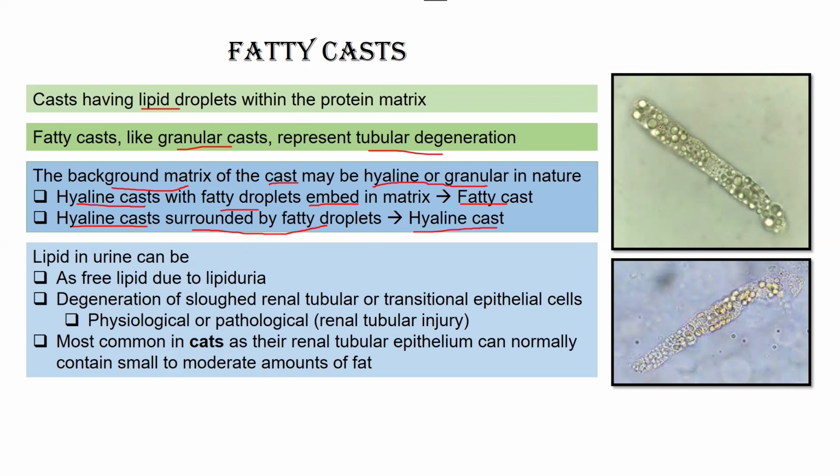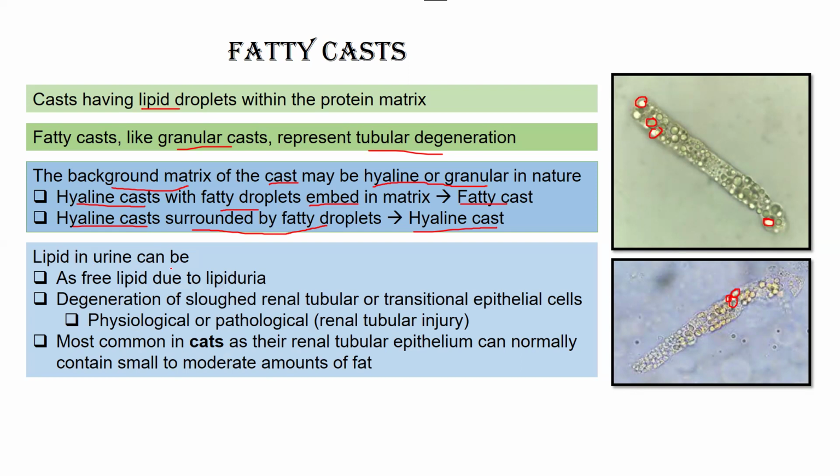You can see in this picture that all these transparent spheres are basically fat droplets. Fat appears as a bright, lightish color in spherical forms under the microscope. Those who have seen it under the microscope are well aware.